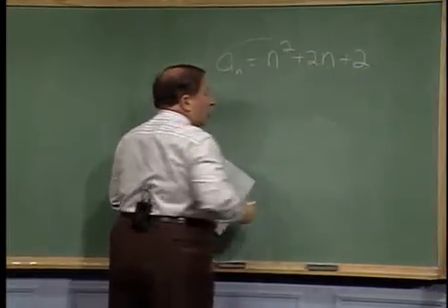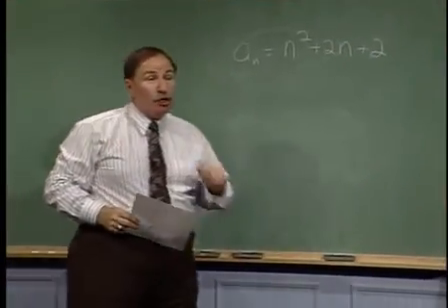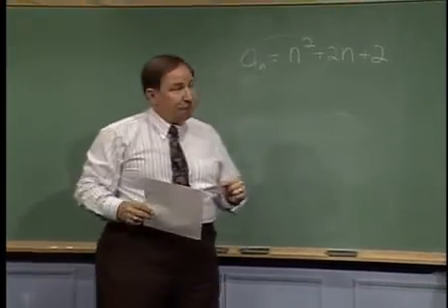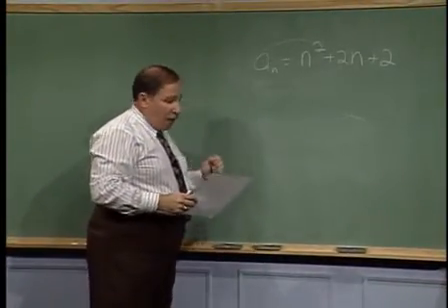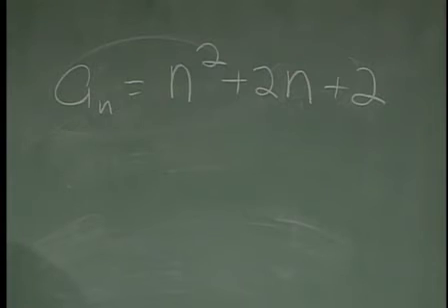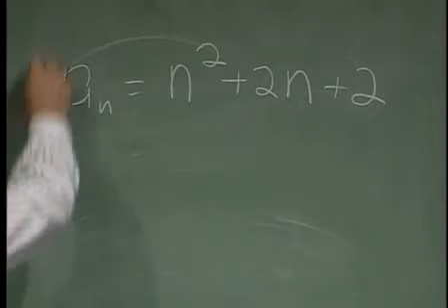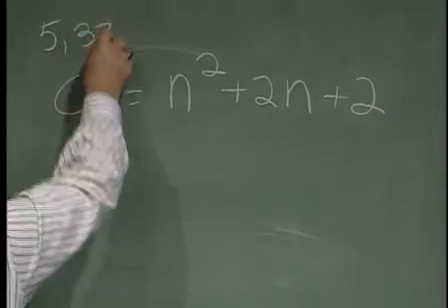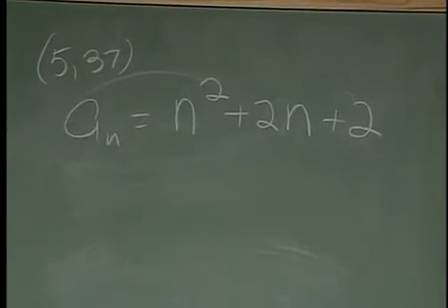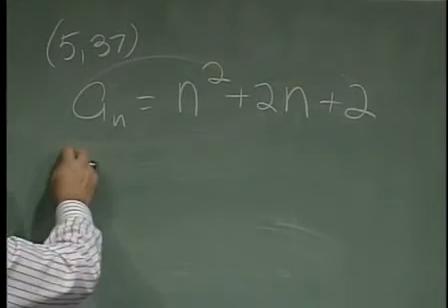That's our quadratic equation. It's equivalent to the recursive equation with which we started. We're going to check 5 comma 37, which was the last point we figured out. 5 comma 37, let's put that over here. There's your n, there's your a sub n. Okay, a sub n is 37.